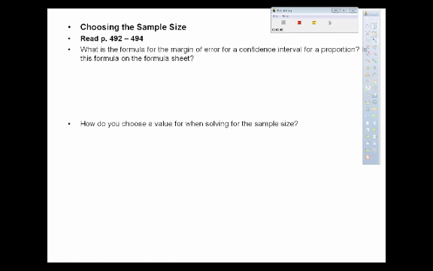All right, so again, read these pages, and we are choosing the sample size. How do we decide what size sample to choose? What is the formula for the margin of error for a confidence interval for a proportion? Is this formula on the formula sheet? Okay, there it is. The margin of error is equal to z star times the square root of p hat times 1 minus p hat all over n.